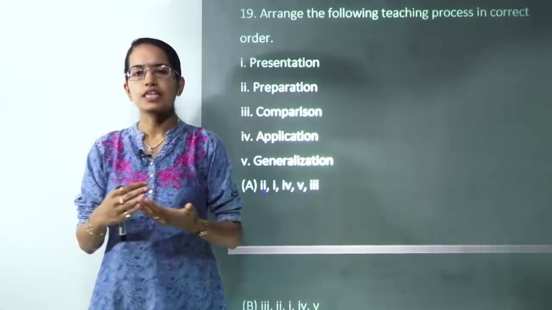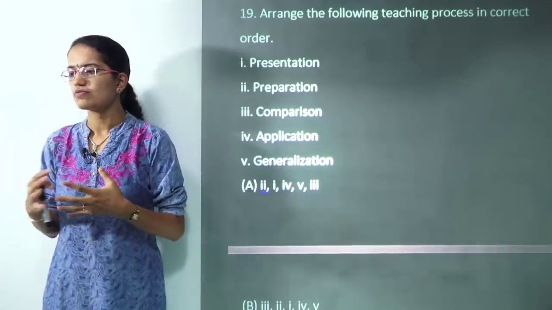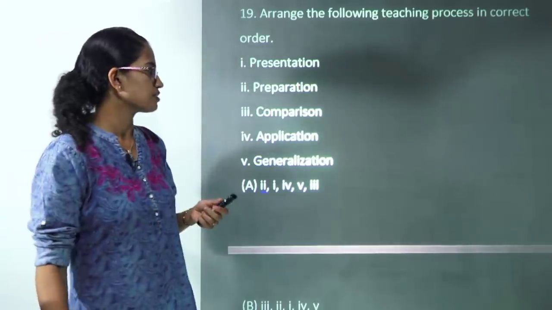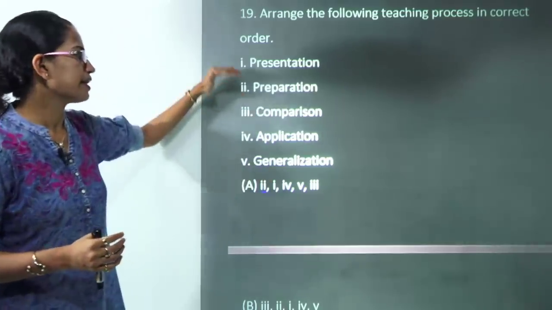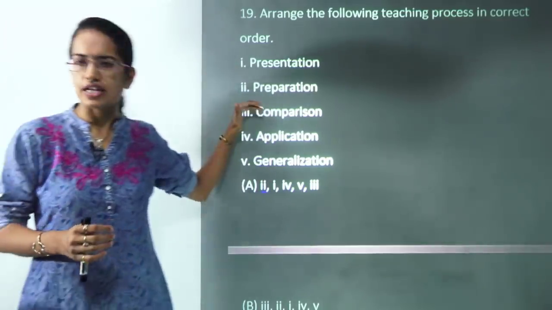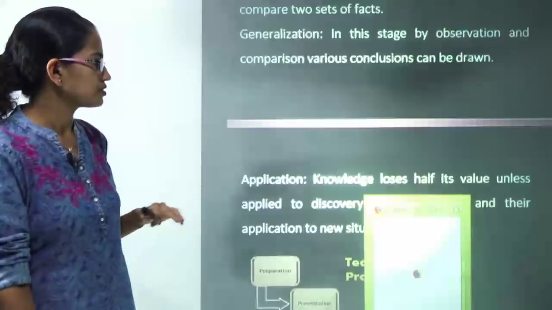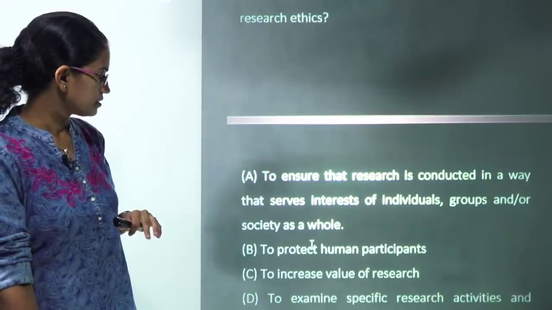After preparation, you would present the content, you would bring in a comparison, then there would be generalization, and finally application of the concept. So that would be the correct order here: prepare, present, compare, generalize, and finally apply the concept. Don't worry if you are not able to see the choices. That's just to help you out anyways.